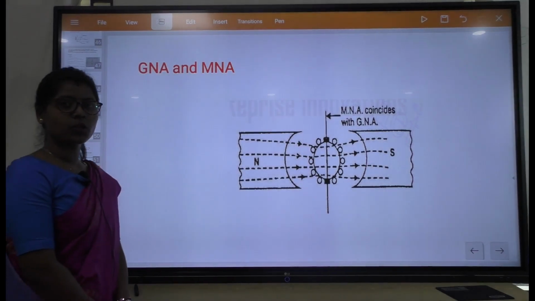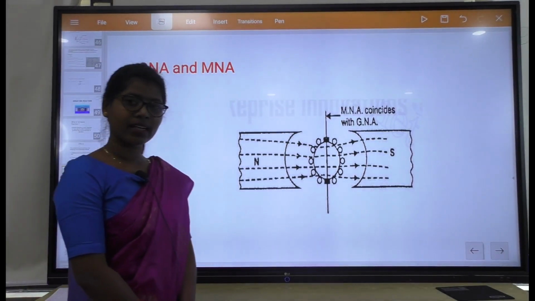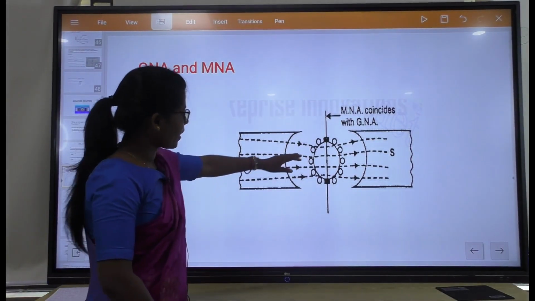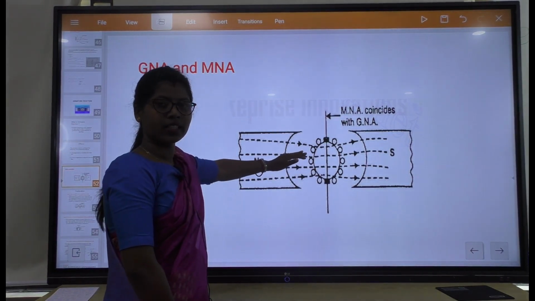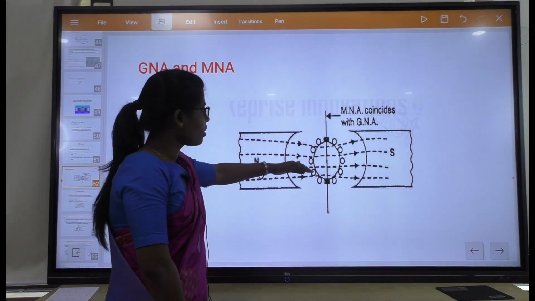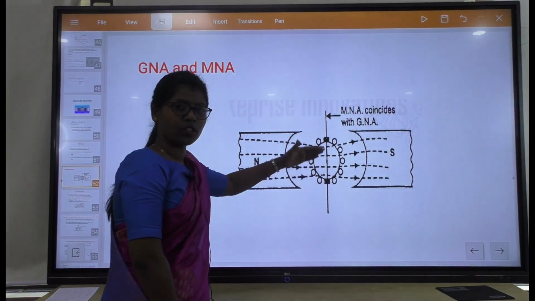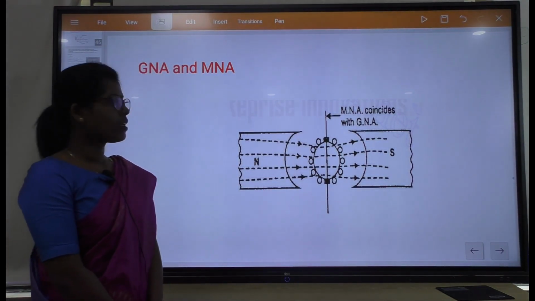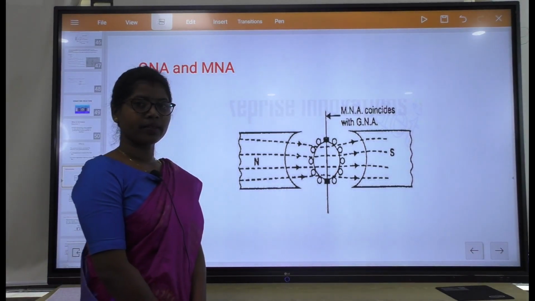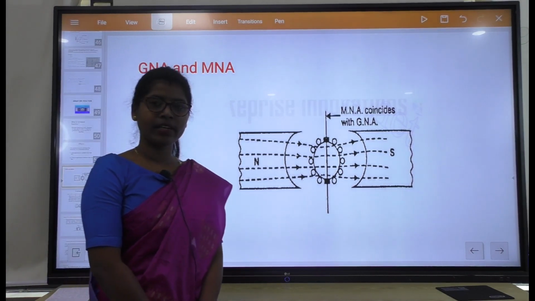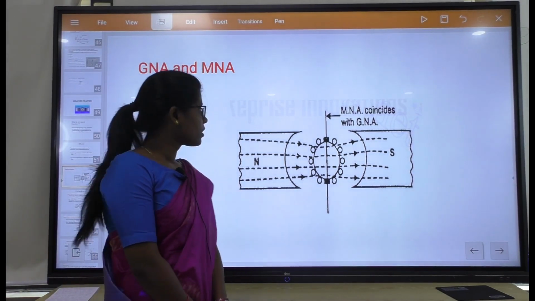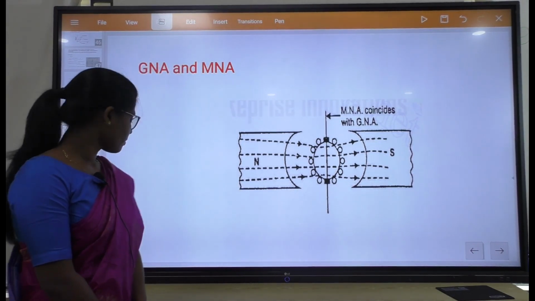Geometrical neutral axis is any axis which is perpendicular to the stator field axis. So any axis that is perpendicular to the stator field axis is called geometrical neutral axis.